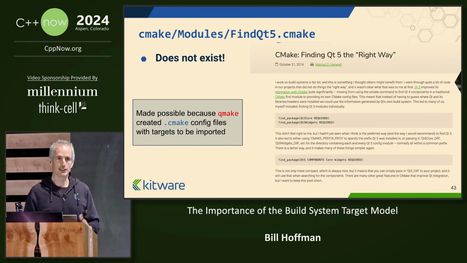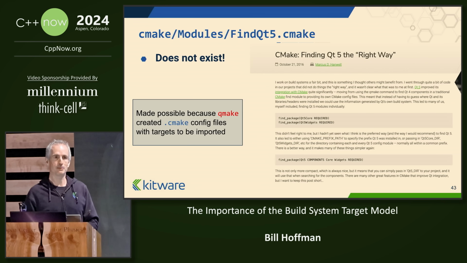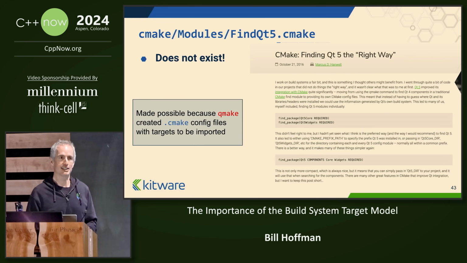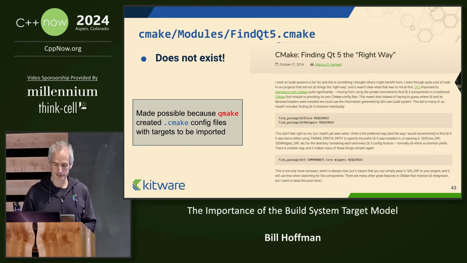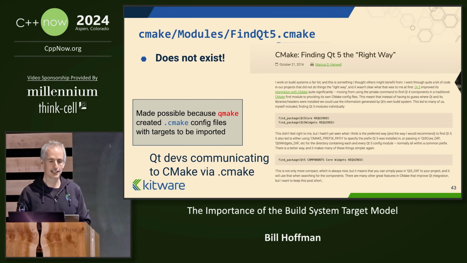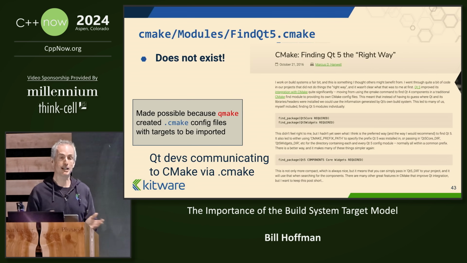And then in Qt5, they used the CMake build system to actually generate .cmake files. So they figured out what goes into a .cmake file, and they shipped that with Qt. And now it's possible because CMake's finding. So again, the Qt developers are communicating to CMake via .cmake files.